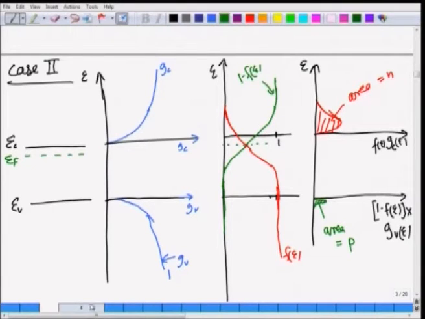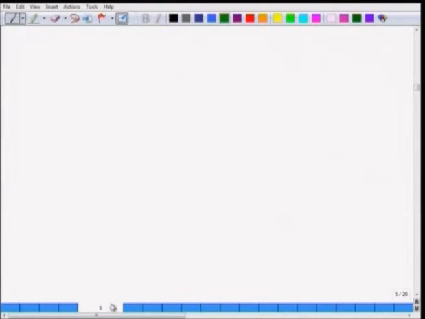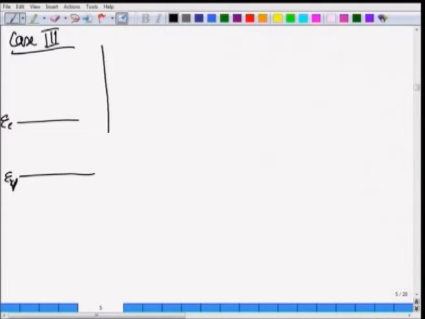Case 3 then will be, here is now case 3, the last case, and I quickly plot this also. Here is EC, and this is EV, and now here is the energy scale, same.